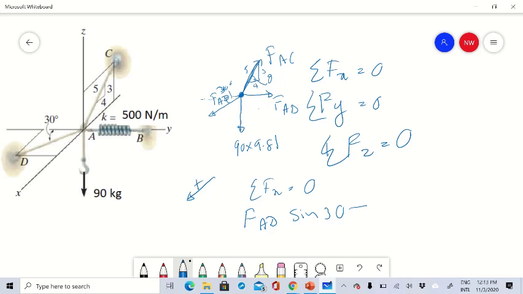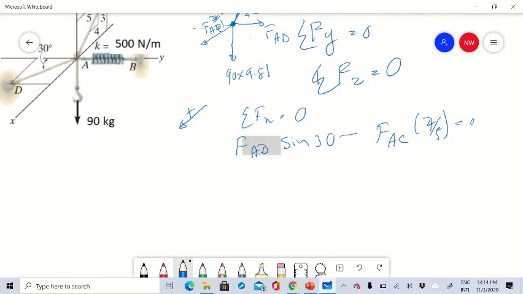So minus FAC, if I take this angle as theta, FAC cos theta, right, cos theta is equal to 4 over 5, right. So I can write FAD sine 30 minus FAC times 4 over 5 is equal to 0, right.